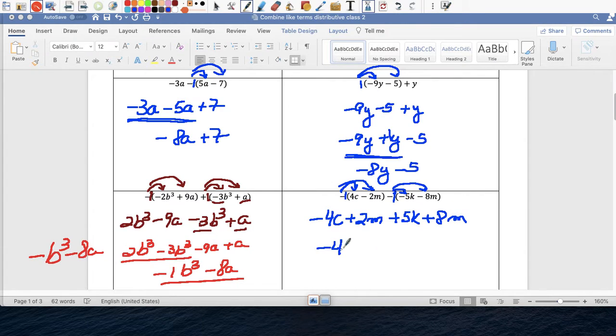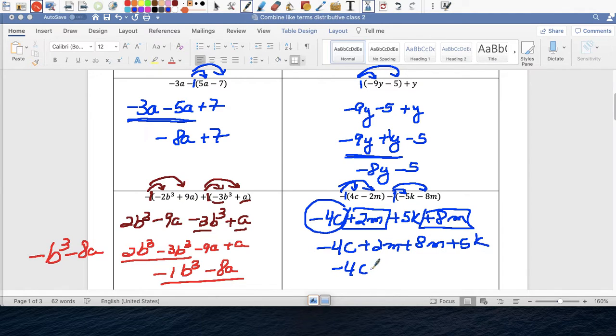Move things around. Okay, so again, in this question I'm going to circle 4c. Actually, there's nobody with the 4c, so that stays the same. Let me put the 2m's together, so the plus 2m and plus 8m will be side by side, and the plus 5k will be at the back there. So negative 4c plus 10m plus 5k.